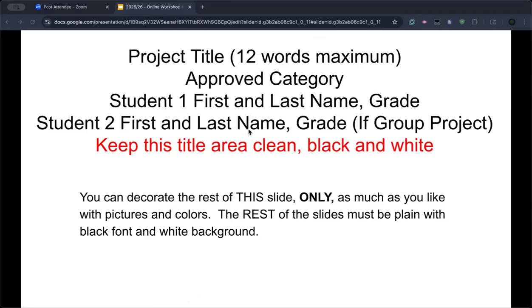I would like to clarify the project title slide is the only one where you can do some graphic design, like putting pictures or a custom background. For the results, if you want to put a figure there, that's totally fine, but you cannot alter the background or anything like that.